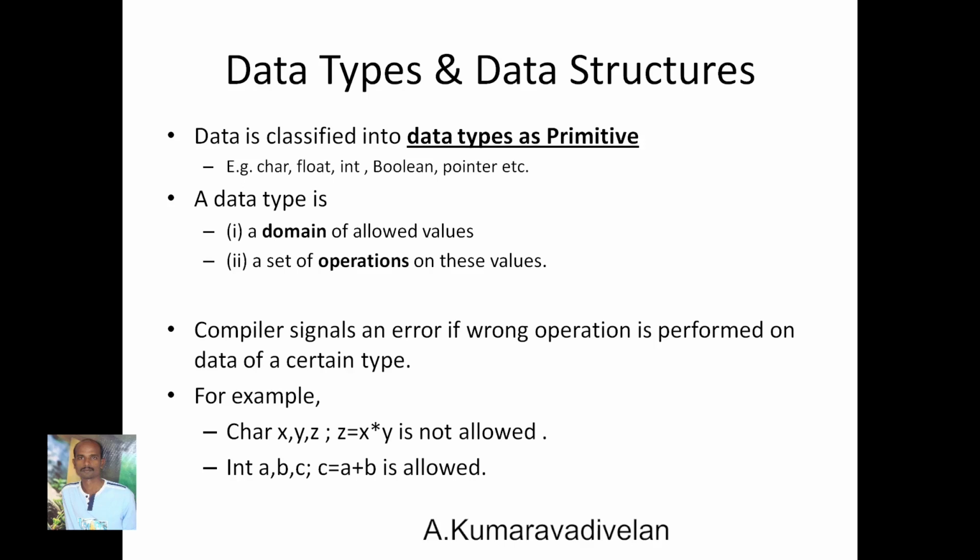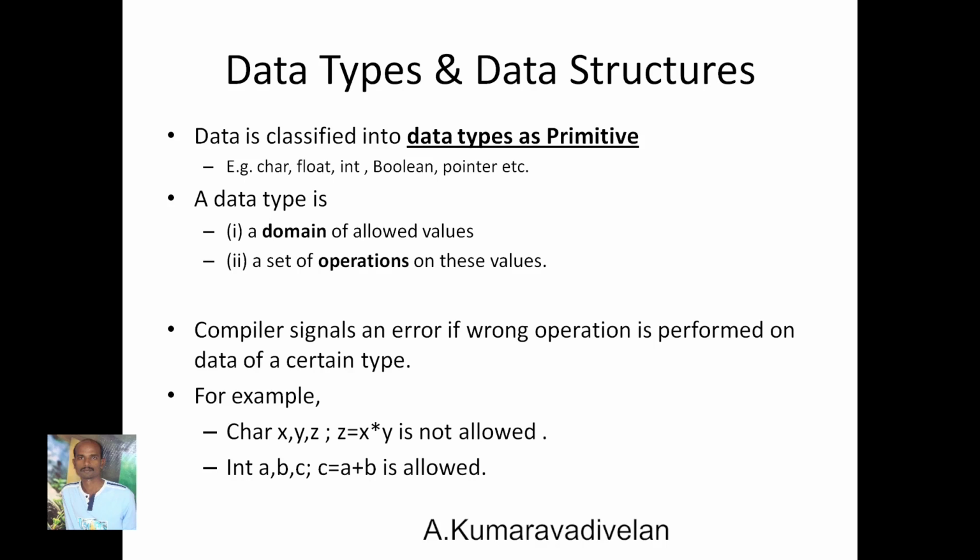Next, we compare data types and data structures. Data can be classified based on data types as primitive and non-primitive. Examples: character, float, integer, boolean, pointer, etc. A data type is defined in two ways: a domain of allowed values, and a set of operations on these values.